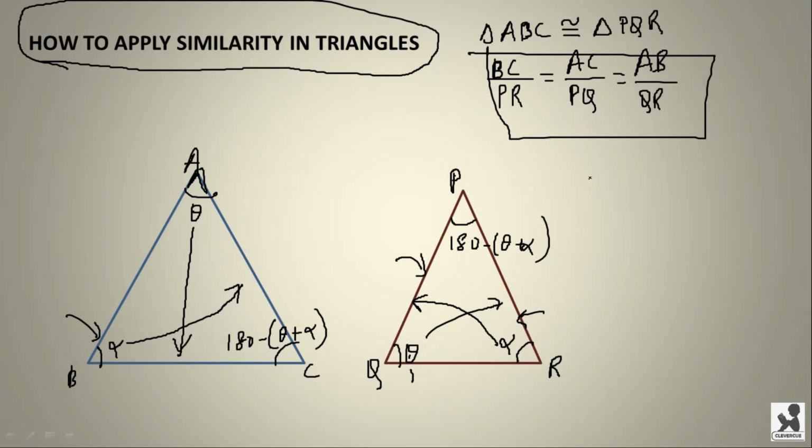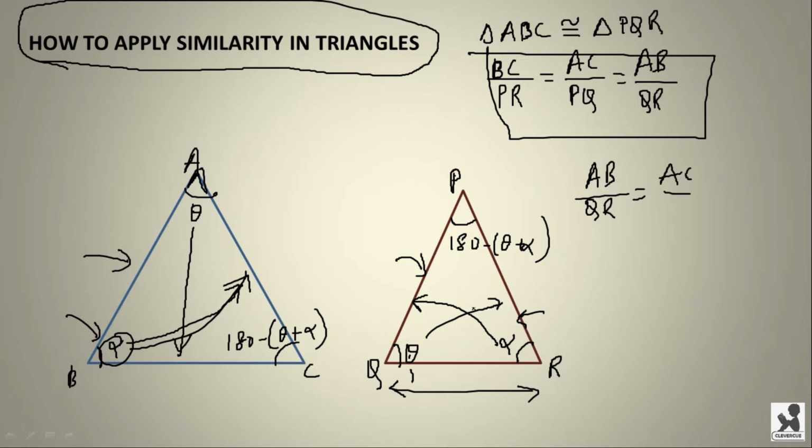See, AB here in this triangle, if it is AB, then in this triangle it will be QR, will be equal to, if in this triangle it is alpha's corresponding side, that is AC, and in this triangle it is PQ, will be equal to AB by QR.